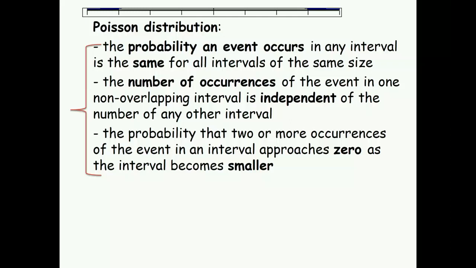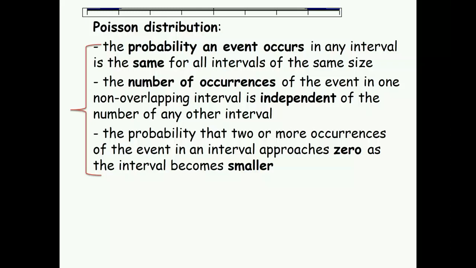So one doesn't influence the other. Independent means non-overlapping: from 10 to 10:30, and from 10:30 to 11, they are separate. Because many people come between 10 to 10:30 doesn't mean that few people would come from 10:30 to 11. So it is independent.